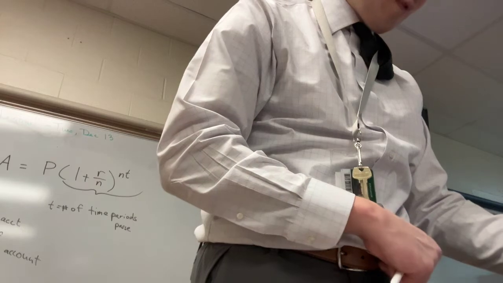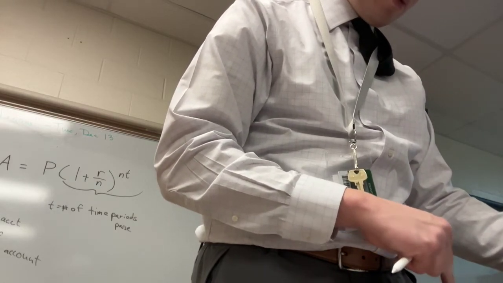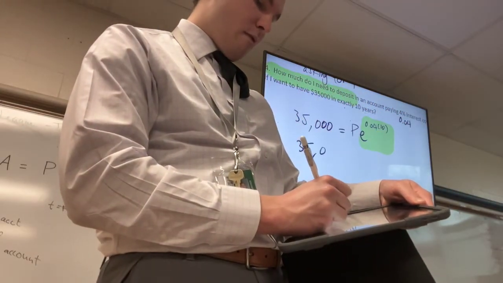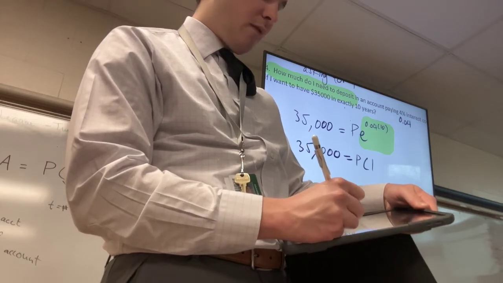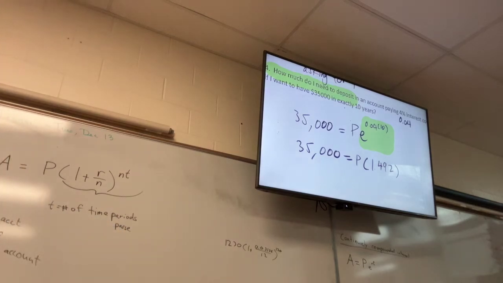That's 1.492. Okay, so this becomes 35,000 equals P times 1.492. Now it's an algebra 1 problem. So you just divide both sides by 1.492.